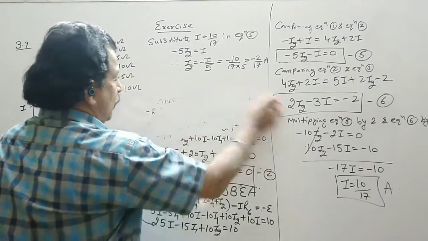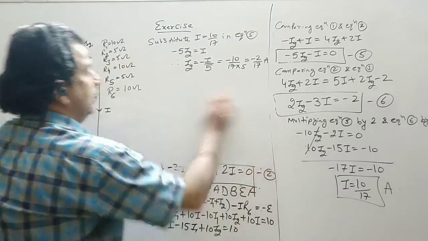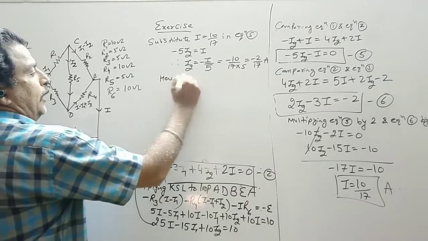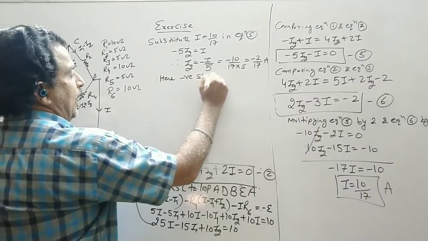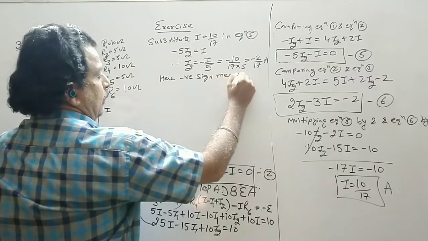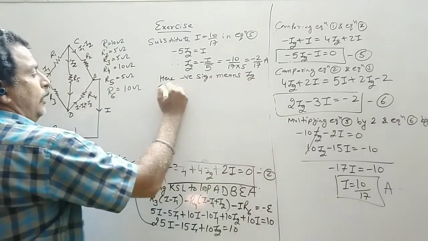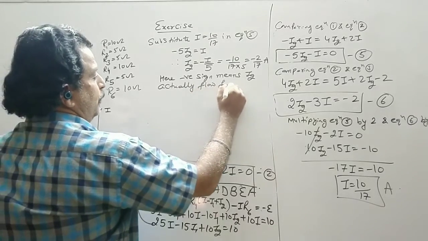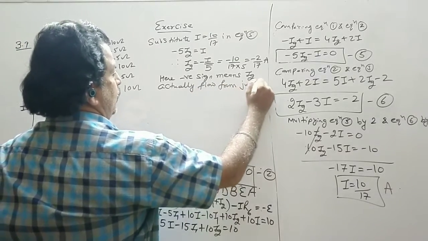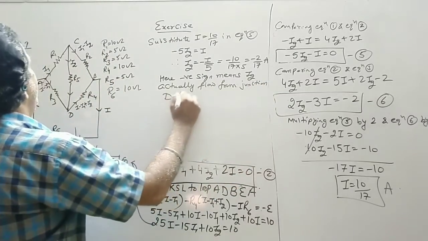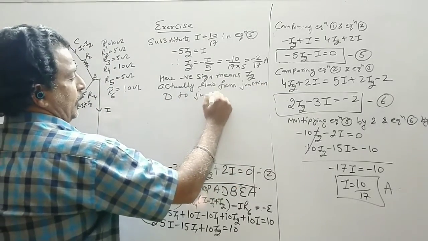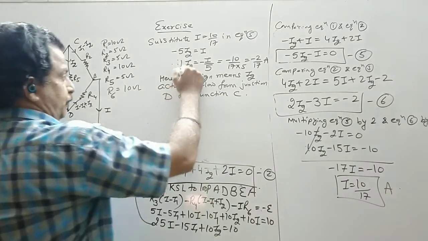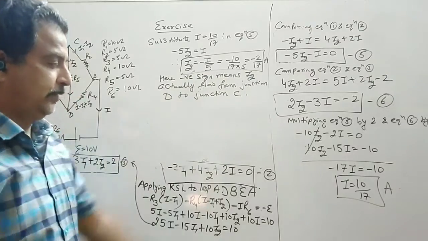We have to find all the variables, and here the negative sign means I2 actually flows from junction D to junction C. So this is our I2 value, this is I.